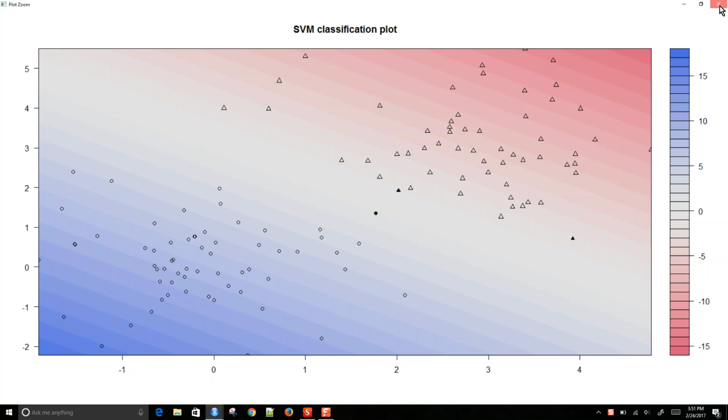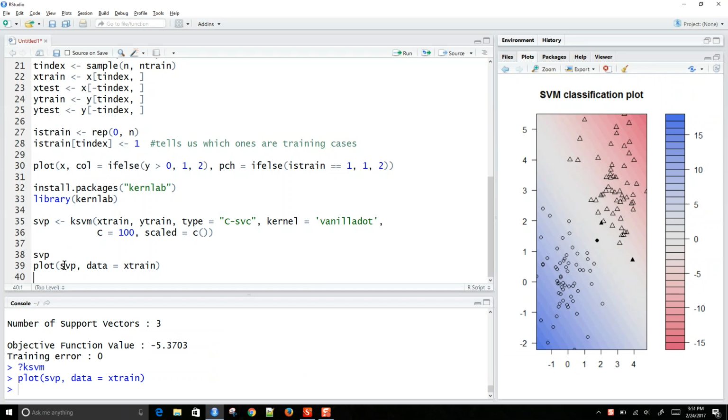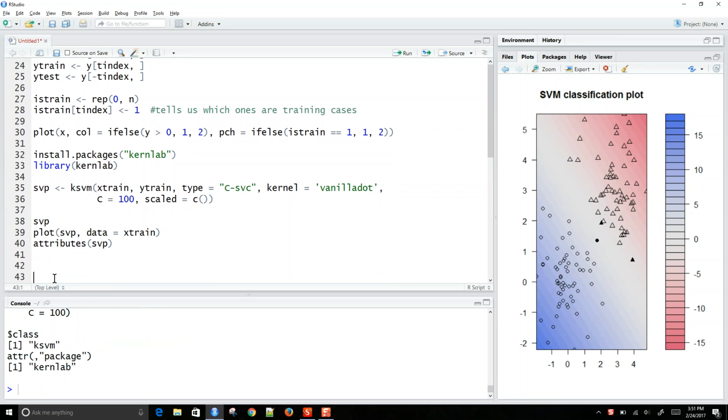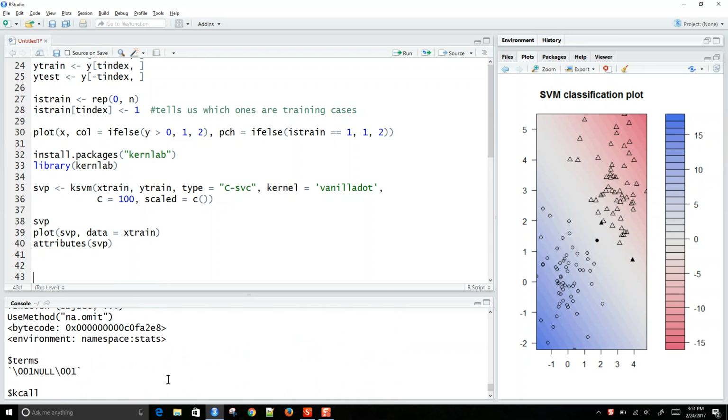Let me show, let me see if I can plot the other thing. Attributes of svp. Oops. Okay, hang on.